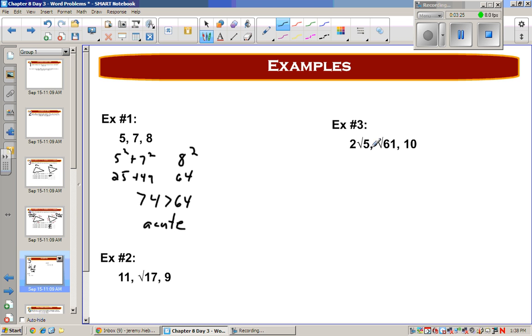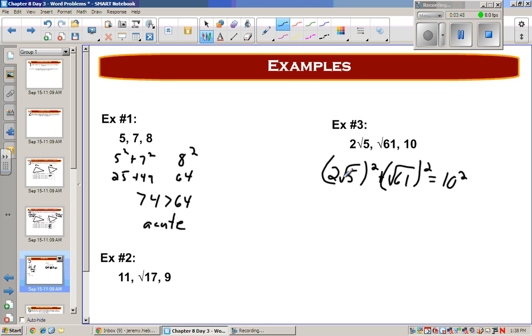Now it gets a little bit more complicated here. The square root of 61 is 8 point something. 2 root 5 is 4 point something. So these are the two smallest sides. So 2 root 5 squared plus root 61 squared is going to equal 10 squared.